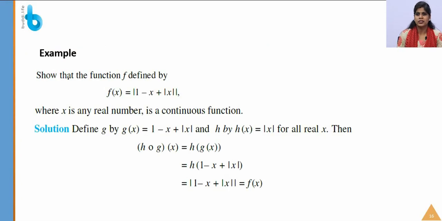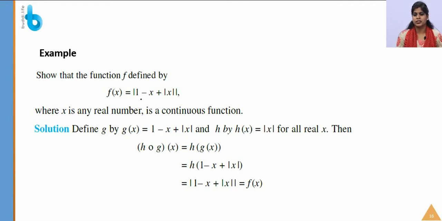See, look at the question. Show that the function f defined by f of x equal to modulus of 1 minus x plus mod x, where x is any real number, is a continuous function. Okay, define g by g of x equal to 1 minus x plus mod x, that is, this part alone.